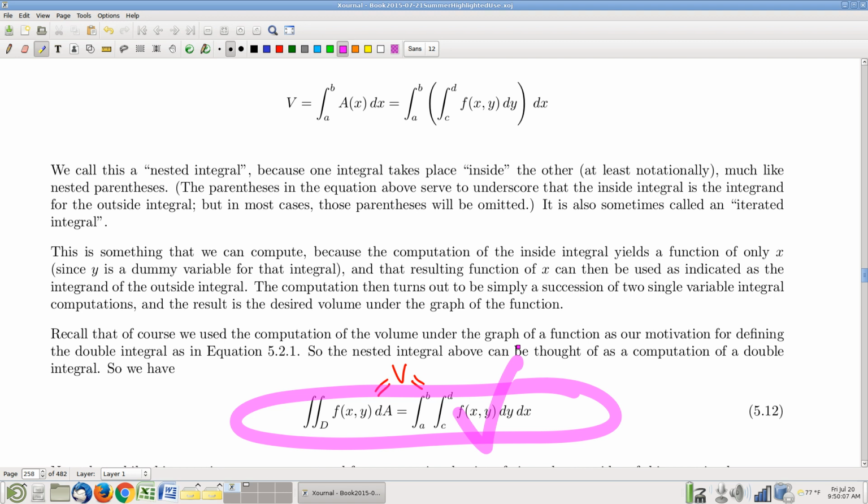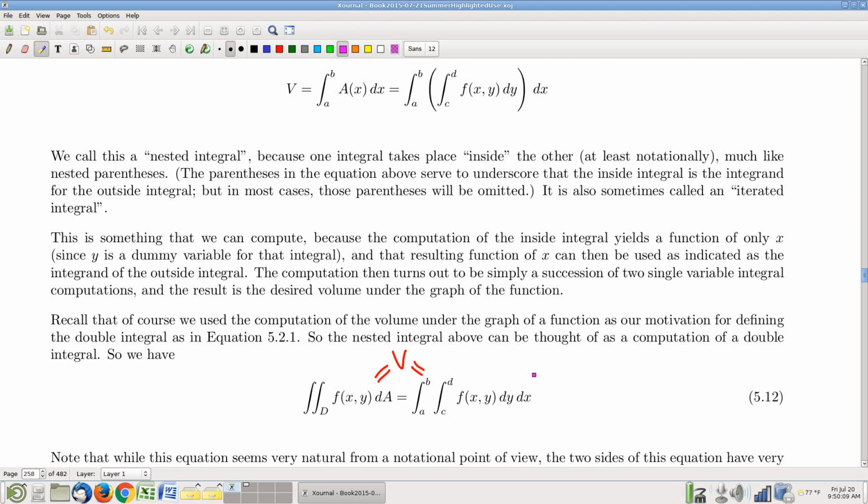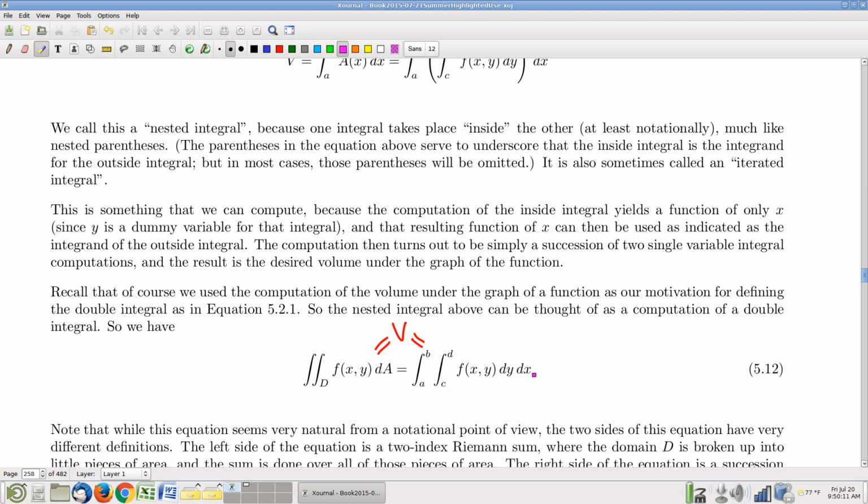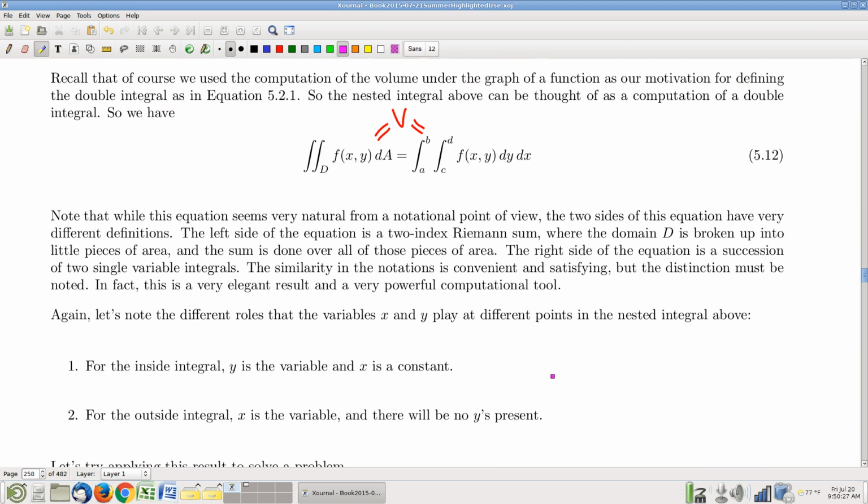So going back to what I said at the start of this section, it's not that we're going to get a fundamental theorem of calculus for double integrals. We're not. We're going to get something kind of better than that. We're going to get a rule here for effectively how to use our existing fundamental theorem of calculus to compute double integrals. Okay. All right.